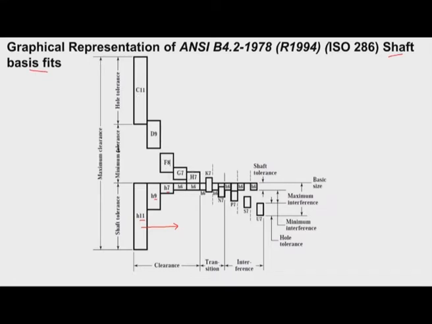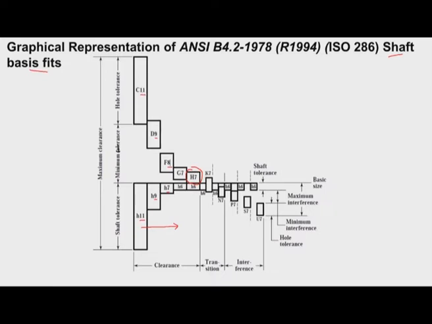Now you can see here this is the basic hole H wherein the deviation is 0. That means the lower size of the hole is coinciding with the basic size, and this level indicates the IT grade, IT 11, IT 9, IT 8. As the number decreases, the tolerance band reduces, as the number increases, the tolerance band increases.